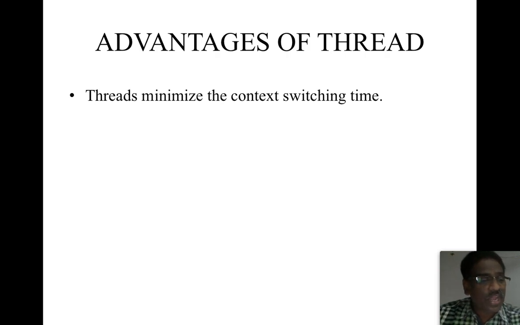Whenever you allocate the 1 millisecond and the execution is not completed, the thread is stored in the buffer. You have to stop in the middle of the session. After the 1 millisecond is over, that thread will be in the waiting state, and another thread will come to the execution.